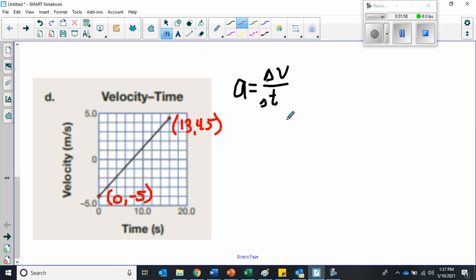And so this is where it's going to become very, very important that we keep track of our finals and our negatives. So what I have here is, when I actually expand it out, I have velocity final minus velocity initial divided by time final minus time initial.